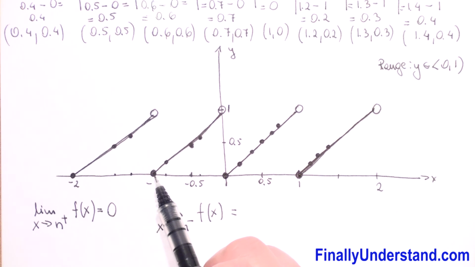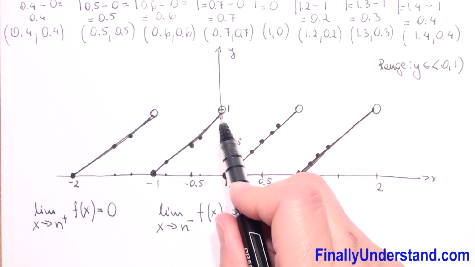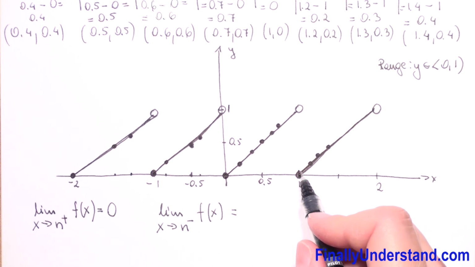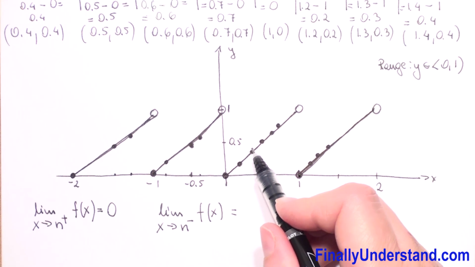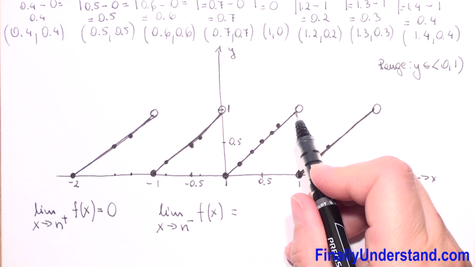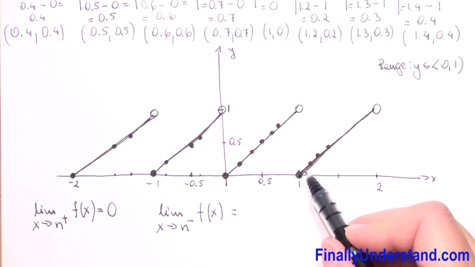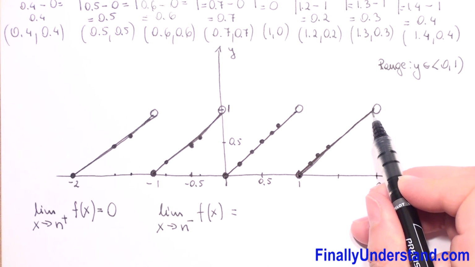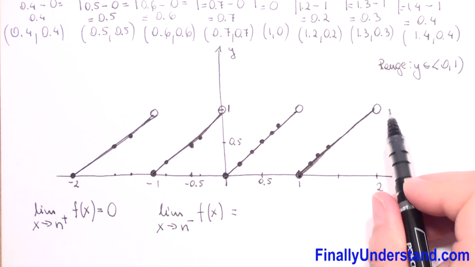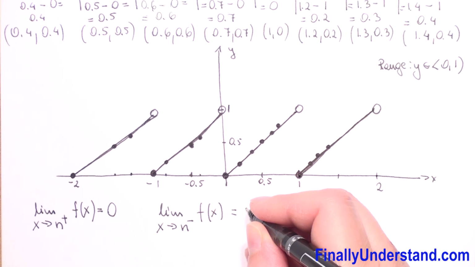When we are going to 0 from the left side, we are going to value 1. When x approaches 1, we approach 1. When x approaches 2, we are going again to value 1, always 1. So we can write the limit as x approaches n from the left of f of x is 1.